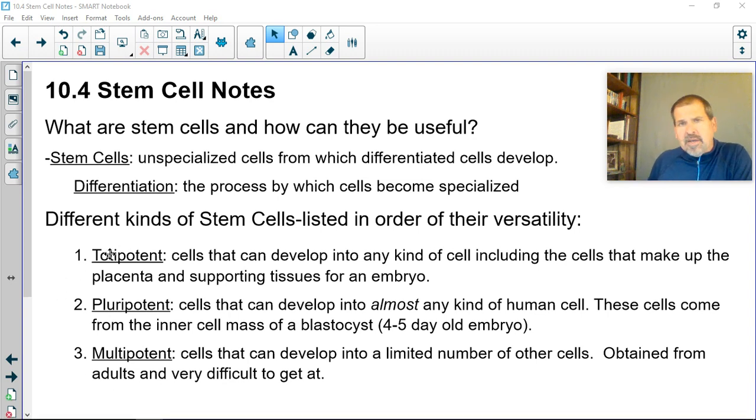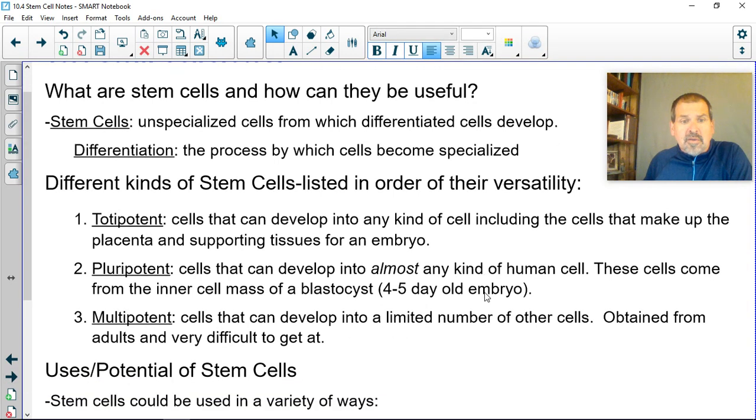So these are three types of cells in their order of usefulness: totipotent, pluripotent, multipotent. The pluripotent ones that come from that inner cell mass of an embryo are the important ones. These are the ones that are used in the research.